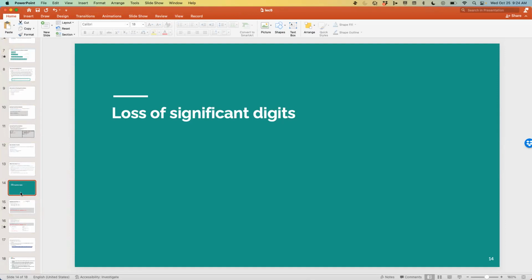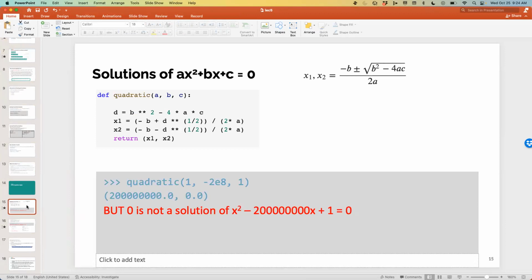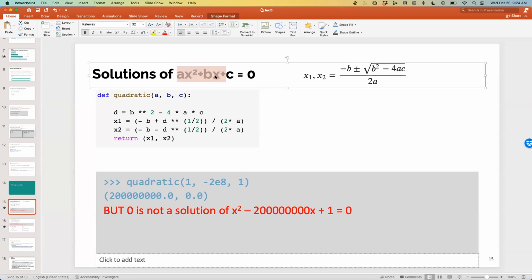Another thing that I want to point out with regards to floating point numbers is that there is an issue called loss of significant digits. Let's look at this example. Say we want to solve a quadratic equation, which you should have learned: ax squared plus bx plus c equals 0, where a, b, and c are given. As you know from high school, there will be 2 values of x that satisfy this equality.